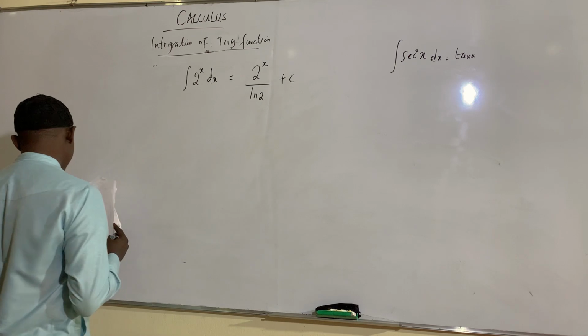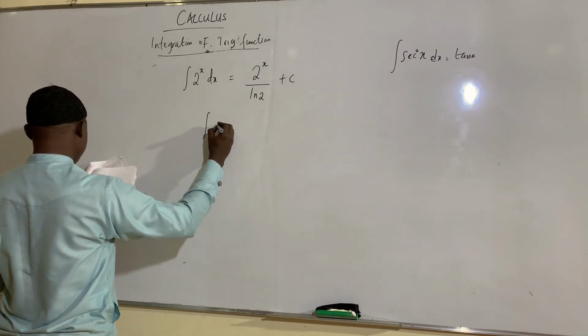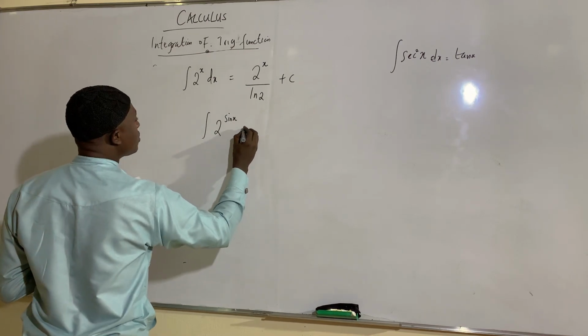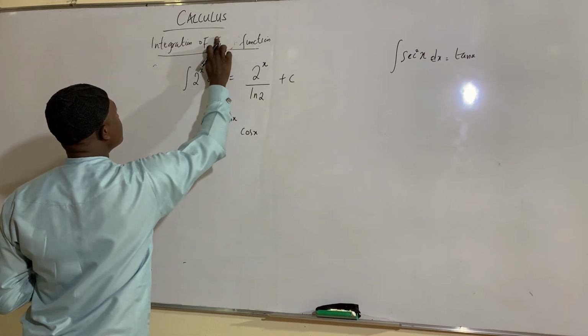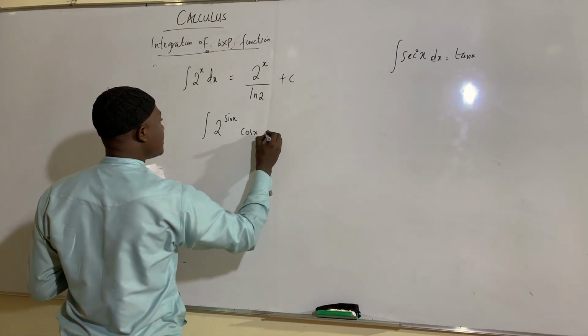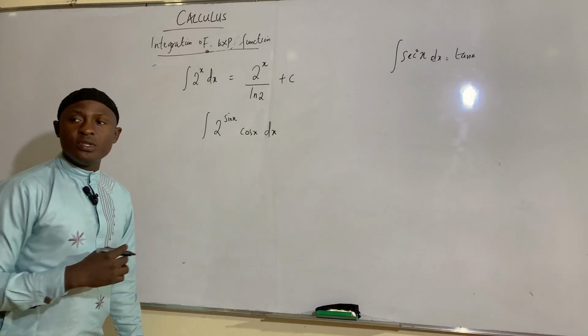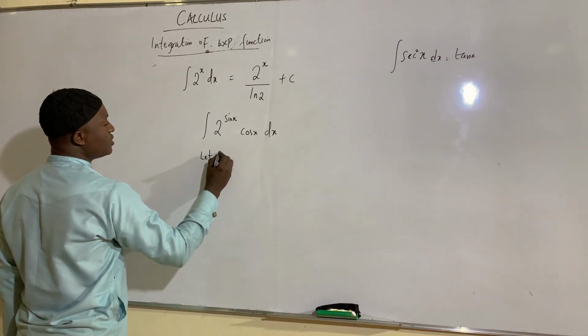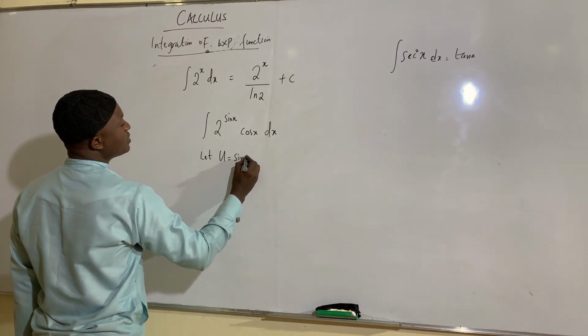Like for example, they said integrate 2 raised to the power of sine x cos x dx. So we are under exponential. Sorry about that. So the same process, let u equal to sine x.